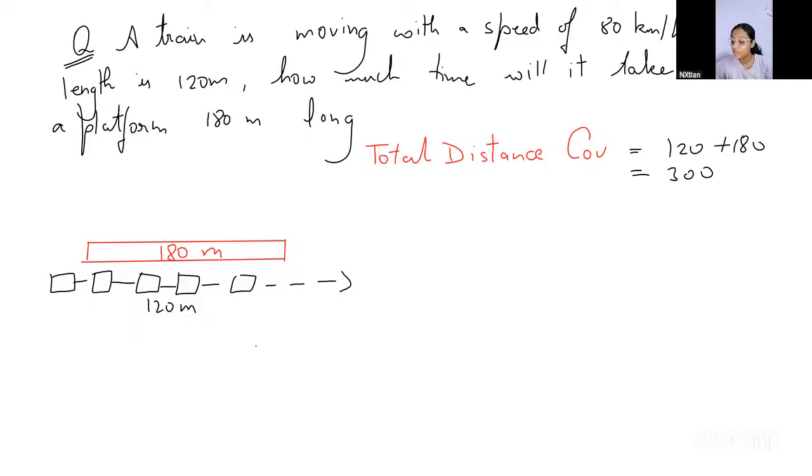So 3600, the seconds, divided by 80, the speed, multiplied by 1000. Ma'am, can we do it the opposite way? Try to do it the opposite way.